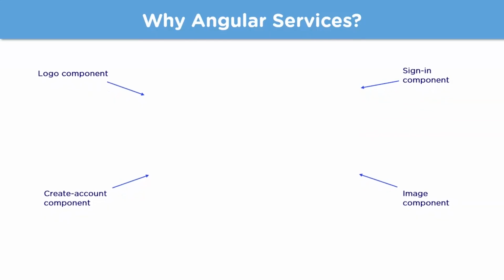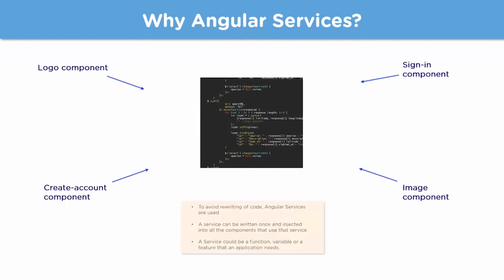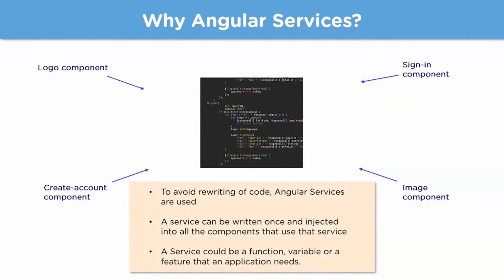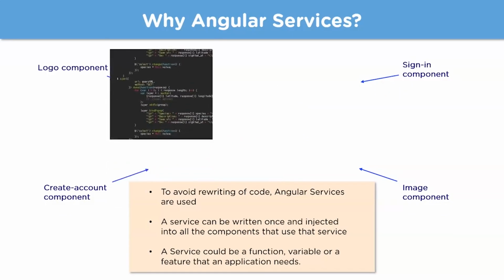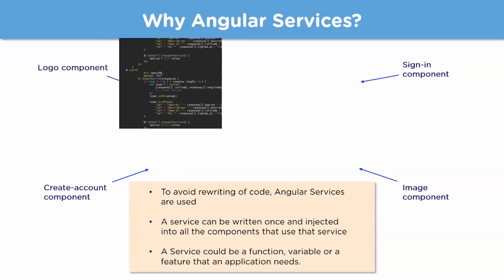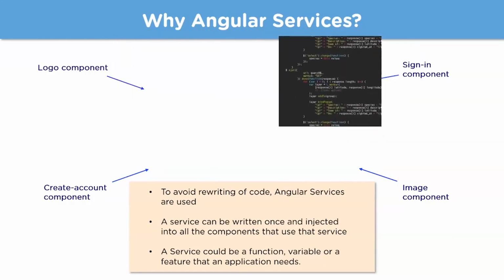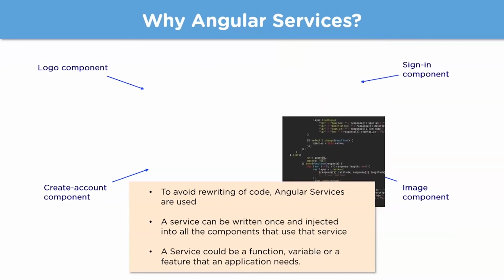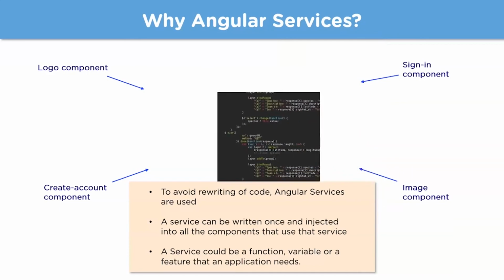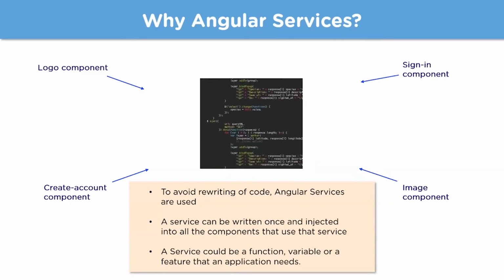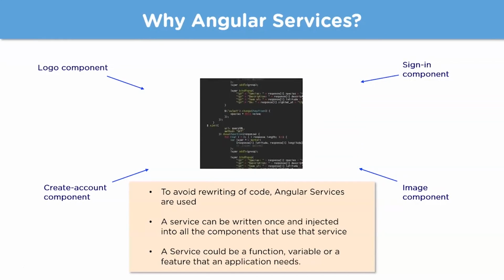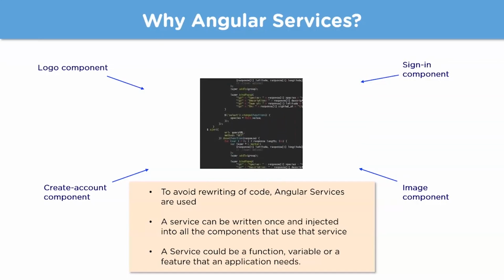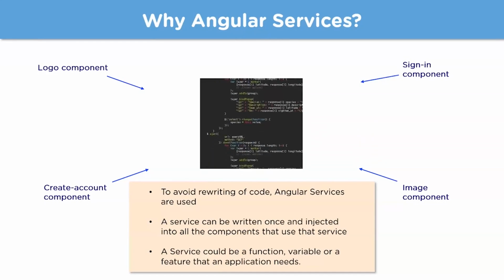Instead of having to write the code for every component, you can just make use of Angular services. The service can be written once and then injected into all of these components. A service could be a function, a variable, or a feature that an application needs. So the main use of a service is to write code once and avoid rewriting it. The same code can be injected into several components that make use of this particular service.